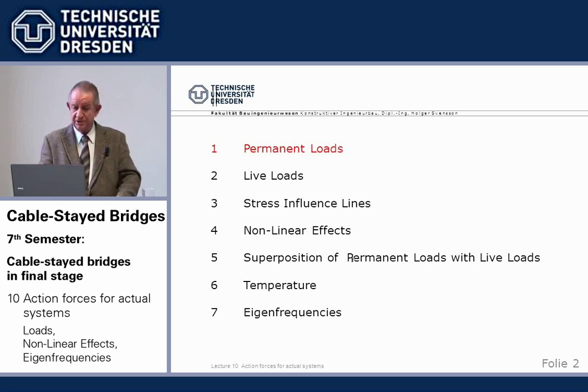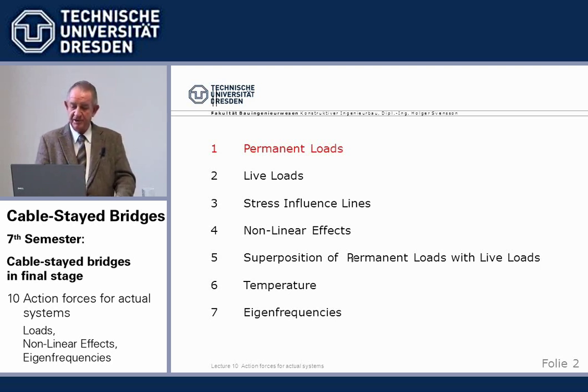Then, of course, we talk about transient live loads. We talk about stress influence lines, and I use current point moments for that. I hope you know all about that. I'm not going into great detail, but we need it here. Then we show again the nonlinear effects for the full bridge, of which I showed you the basics, the approximations.